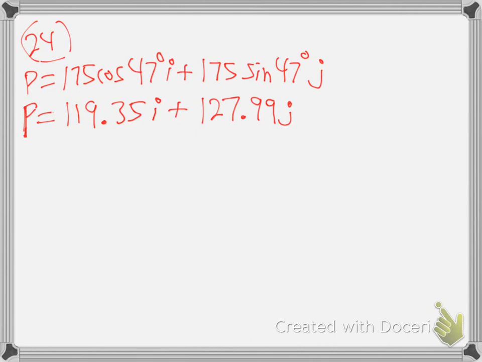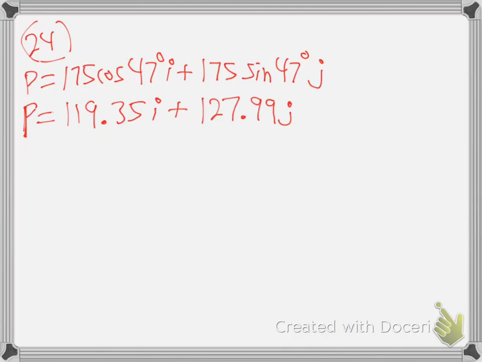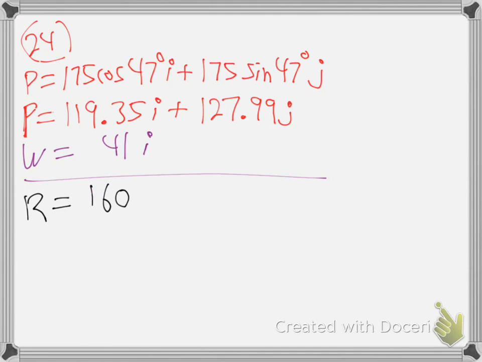So I'm getting the plane vector like that, and then the wind vector, what was that? Yeah, 41i. So then put those together to get the resultant vector. And so that would be 160.35i.